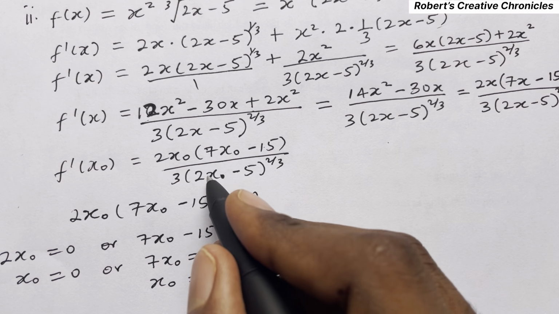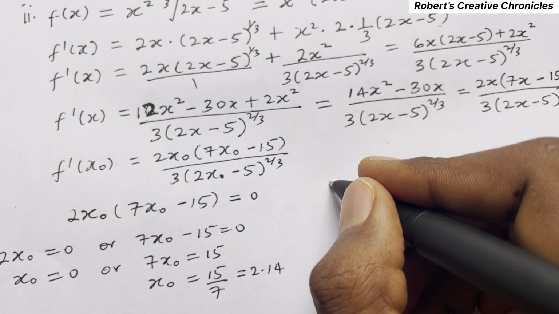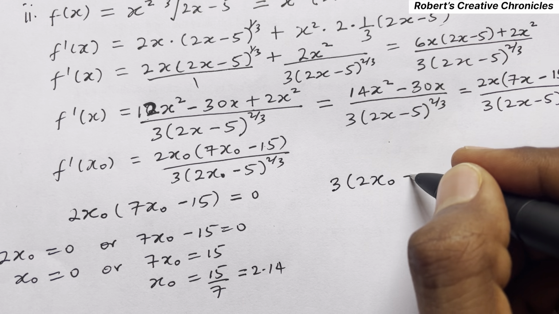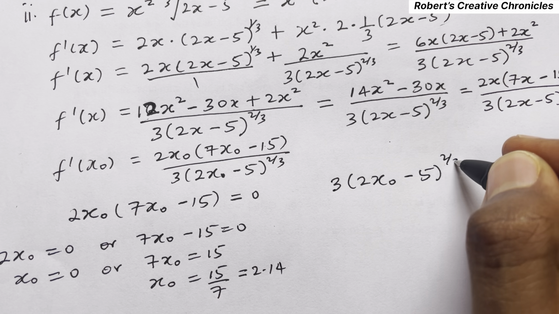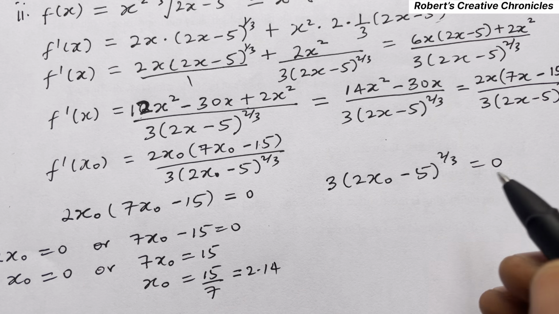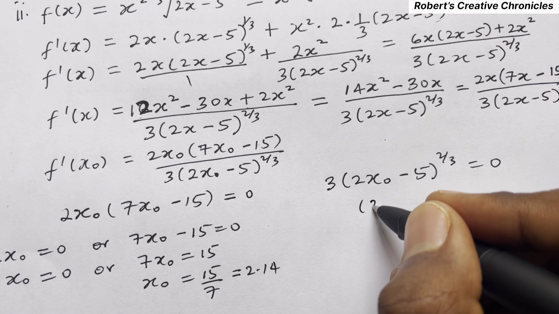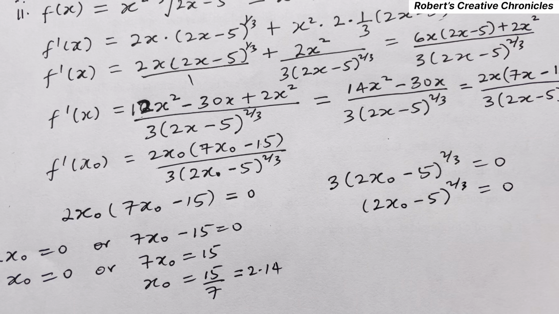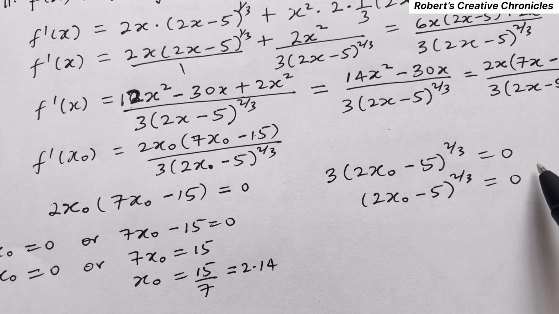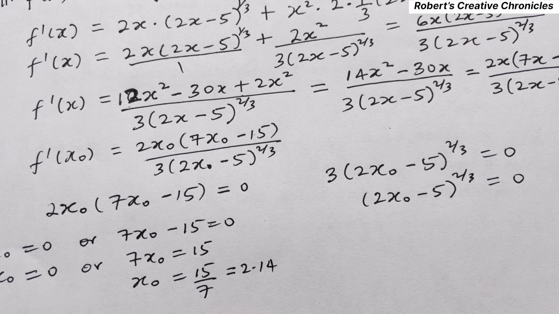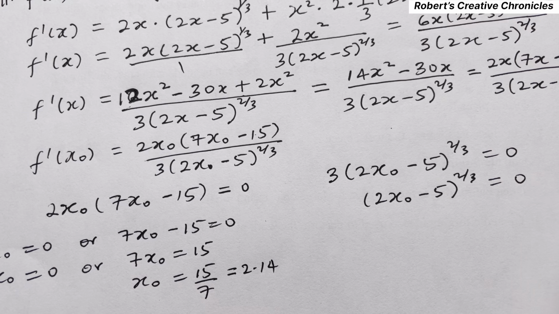Then we equate the denominator to 0. This becomes (2x naught minus 5) to the power of 2 over 3 is equal to 0. So we'll divide both sides by 3 here, to be (2x naught minus 5) to the power of 2 over 3 equal to 0. Now we can raise both sides to the power of 3 over 2, so that here will become 1 and here will still be 0.